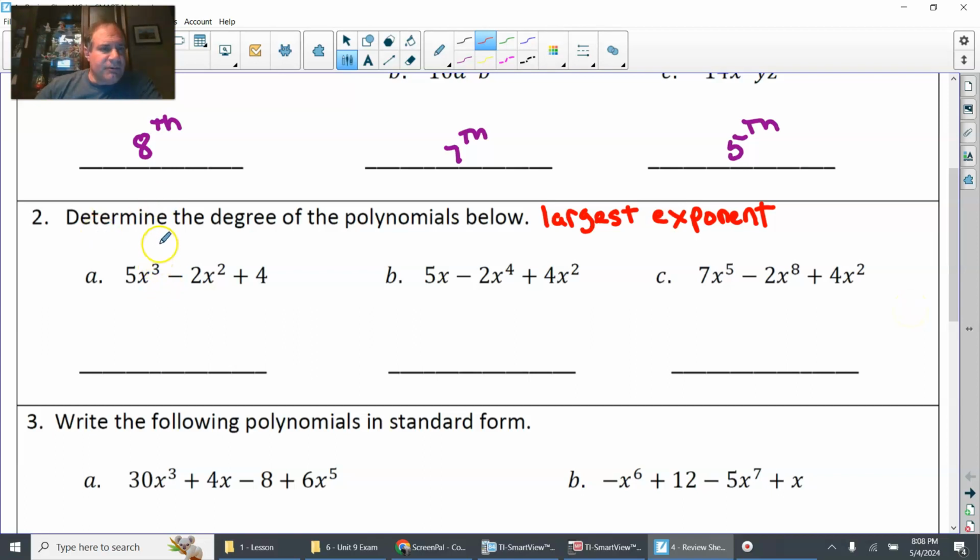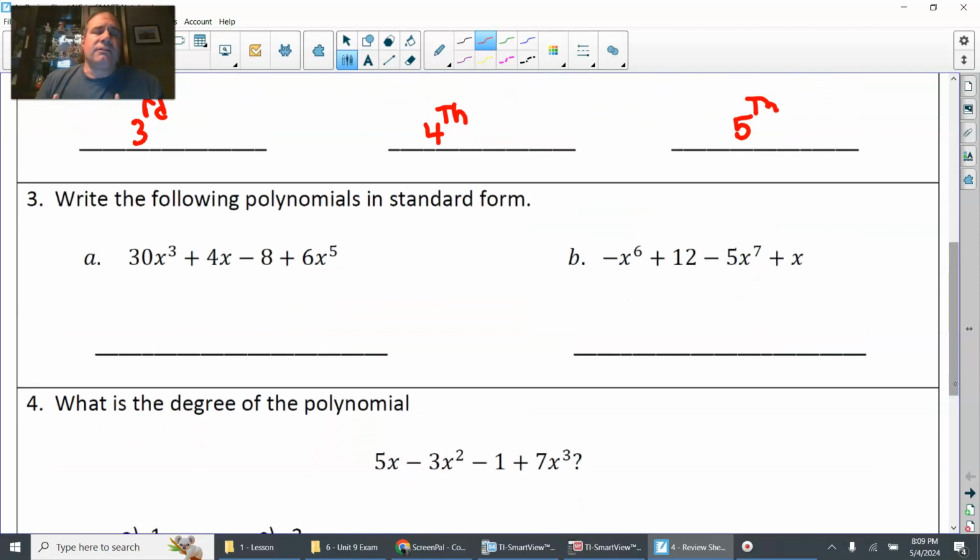So the largest exponent is the 3 right here, and so this would be the 3rd degree. The largest exponent would be the 4, so this is the 4th degree.